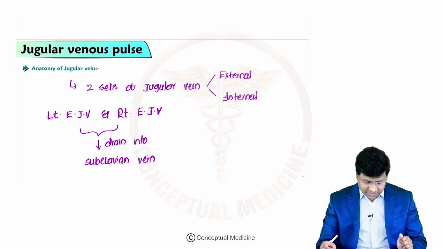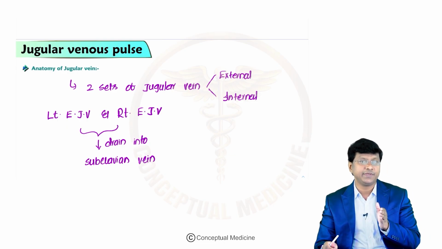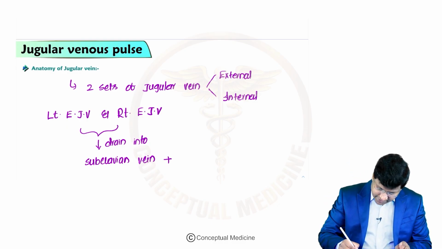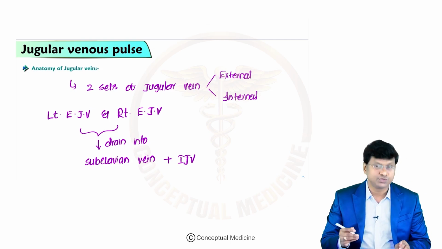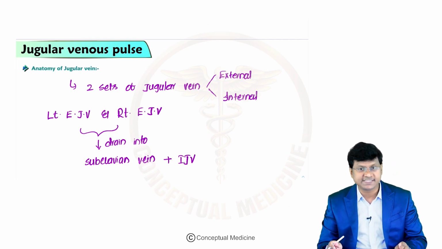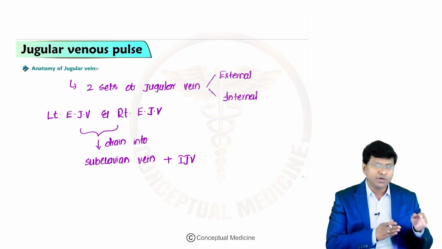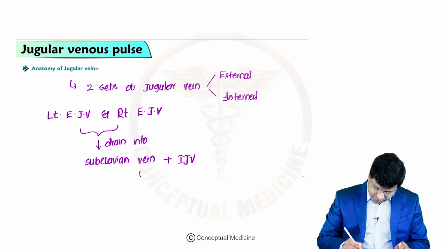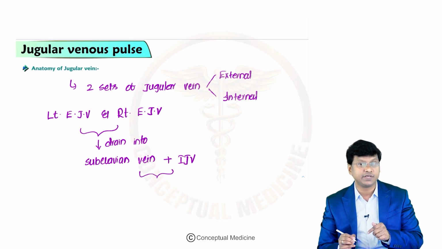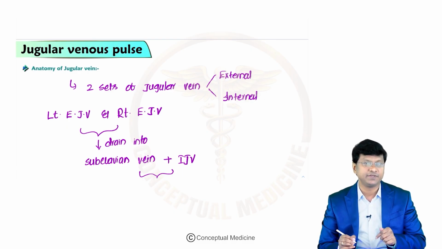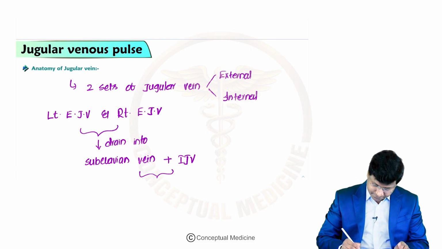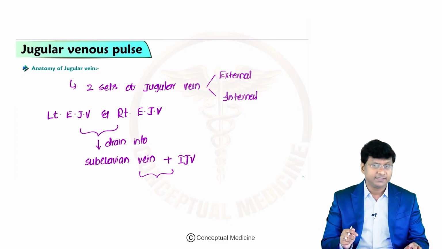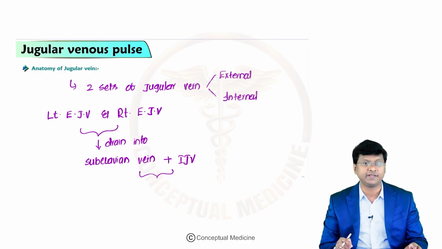Okay, now the internal jugular vein, IJV, joins with the subclavian vein more medially to form the brachiocephalic vein. All right, now you take these brachiocephalic veins.